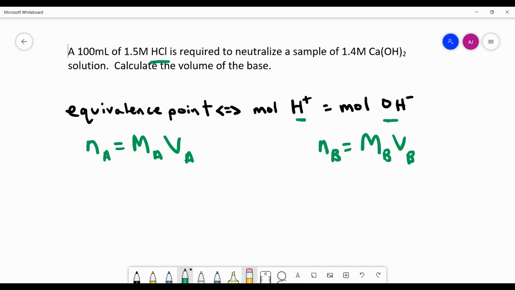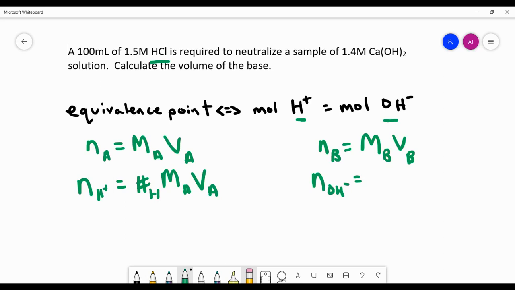However, it is not the moles of acid and base which are equal at the equivalence point. It is the moles of the active chemicals, the hydrogen ions and the hydroxide ions, which are equivalent. So we must take that into account. And so the moles of hydrogen ions is going to be equal to the number of hydrogen ions in the formula of the acid multiplied by the concentration of the acid multiplied by its volume.